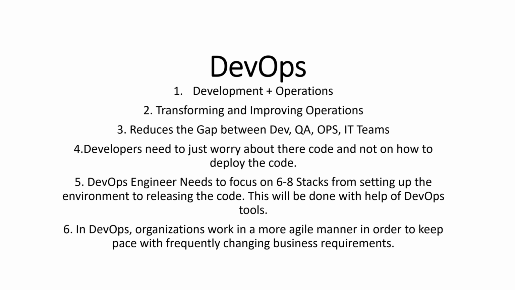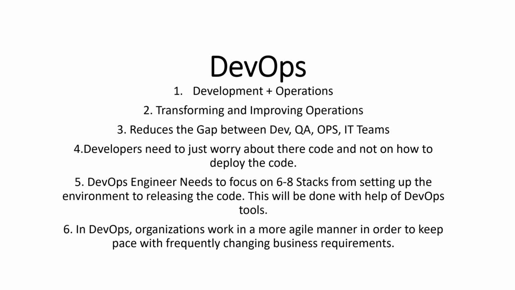It's not that easy for a developer to write the code and publish the website in one go. So that's the need, and this is the reason DevOps comes into the picture.